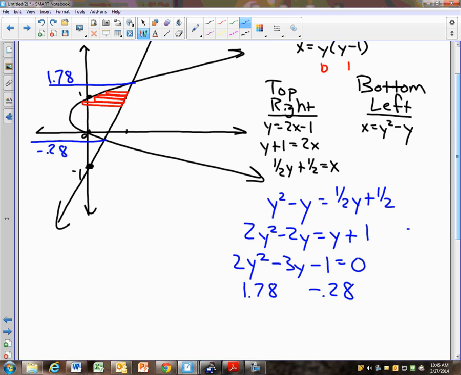All right. So let's integrate. We have the integral. What's the lower bound? -0.28. So we move from bottom up as we look at this, and we got 1.78.